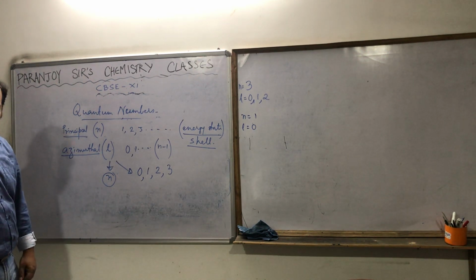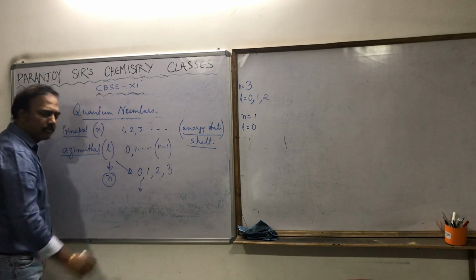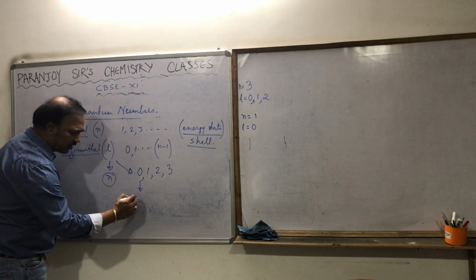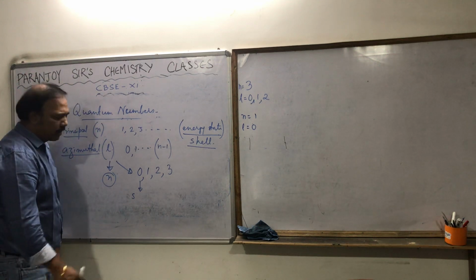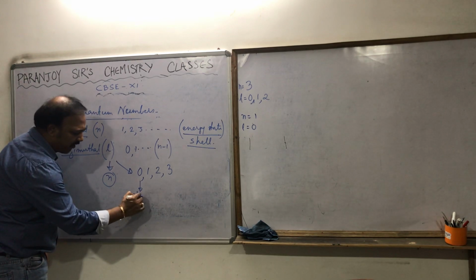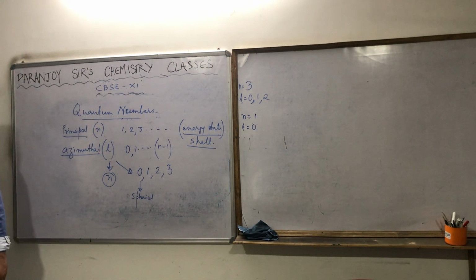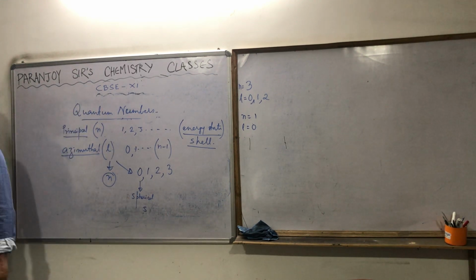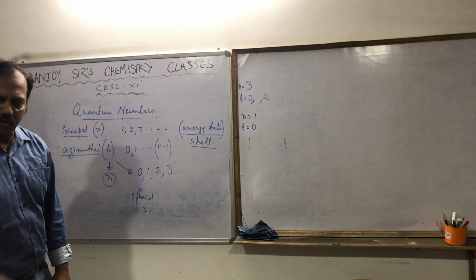If the value of L is 0, the shape of the space surrounding the nucleus, where the probability of finding the electron is maximum, is spherical. That orbit is written as S orbit, small s. So if L is equal to 0, we are talking of S orbit.